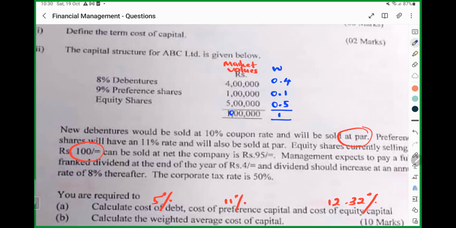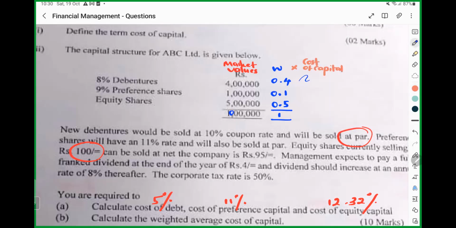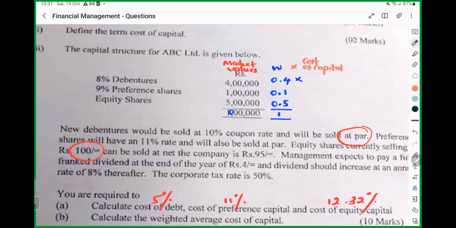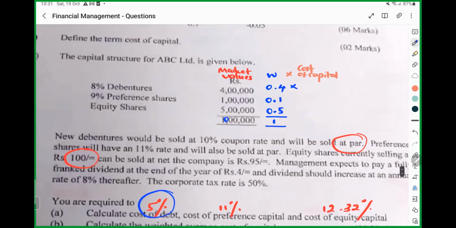Now, weighted average cost of capital is the investment proportion multiplied by the cost of each component of capital. So the investment proportion of debentures 0.4 multiplied by the cost of debentures, 5%.